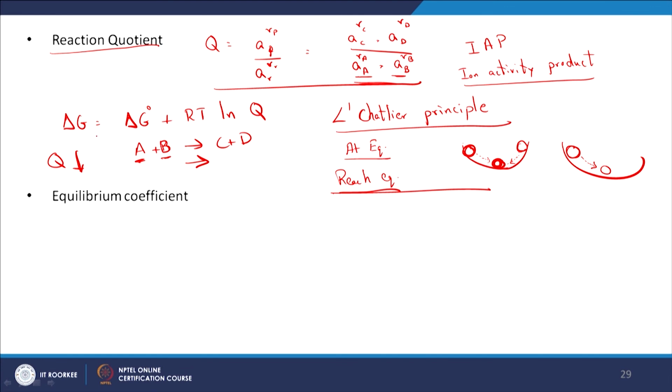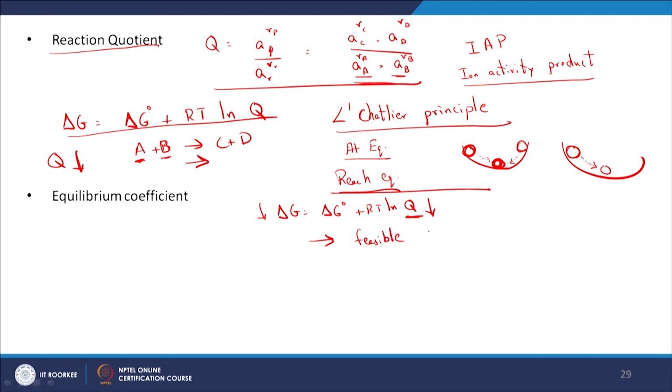Again, how do we relate that to the equation that we just described? Delta G equal to delta G naught plus RT natural logarithm of Q. So as Q decreases, the effect is such that delta G decreases too, meaning that the forward reaction is feasible.